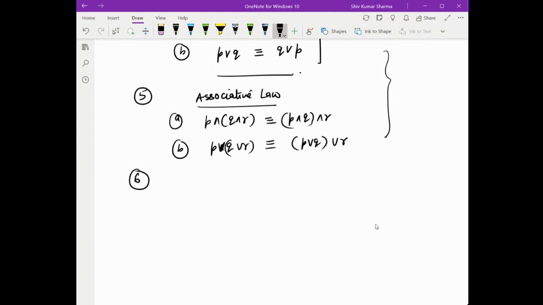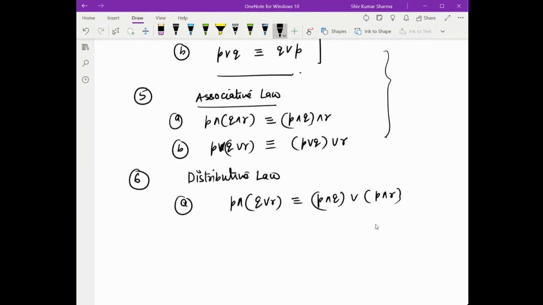Law number 6 is distributive law, having two cases. P and (Q or R) is equivalent to (P and Q) or (P and R). For the second case, P or (Q and R) is always equivalent to (P or Q) and (P or R).